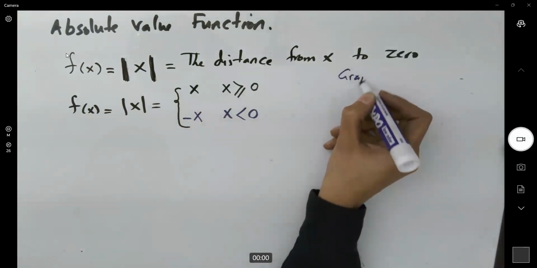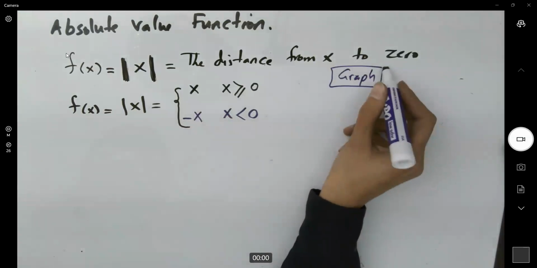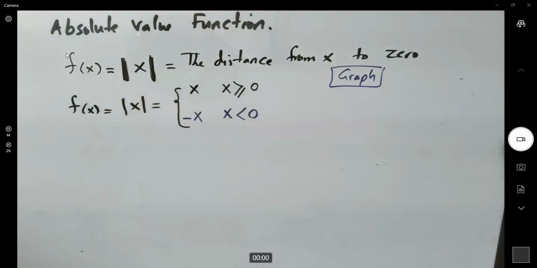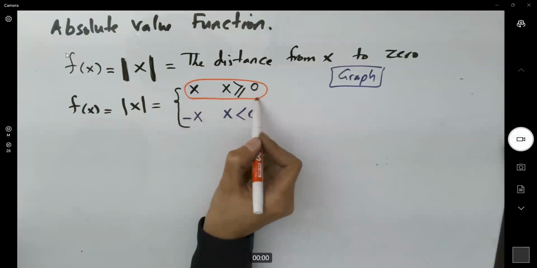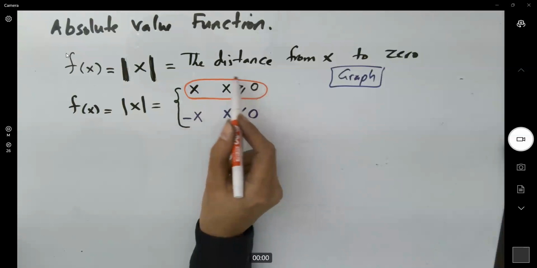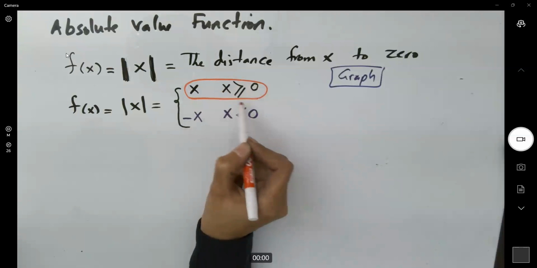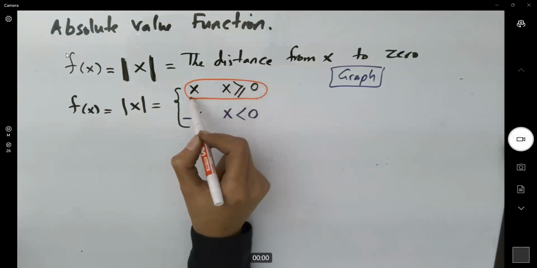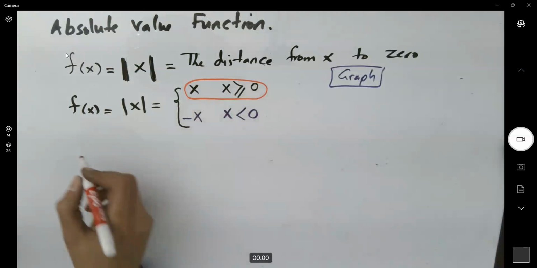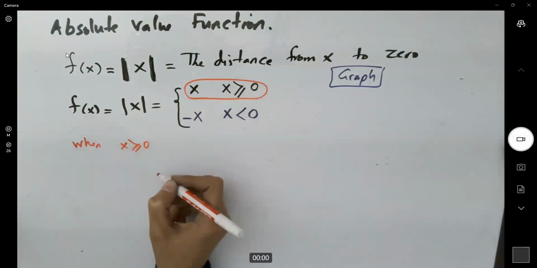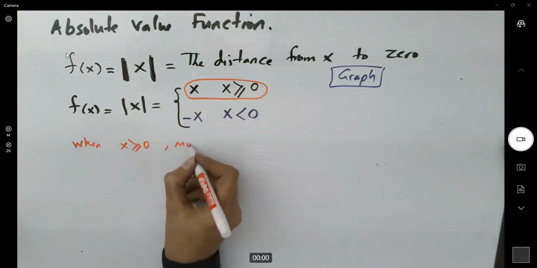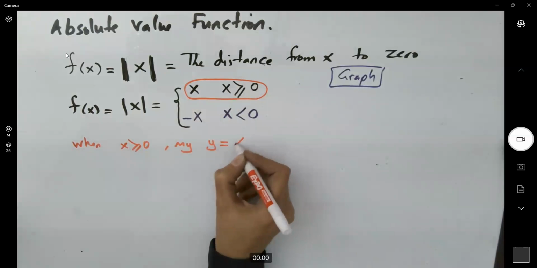Okay, so how do I graph this? Take a look at the graph. Again, remember that we divide this function into two pieces. This is the first piece: when x is larger than or equal to 0, your y is x.